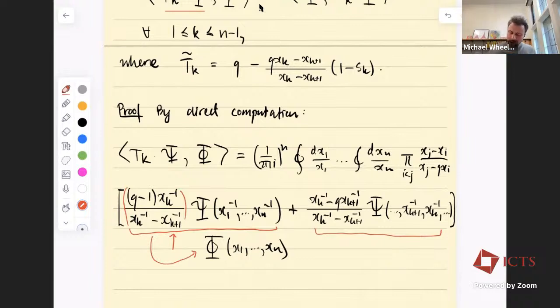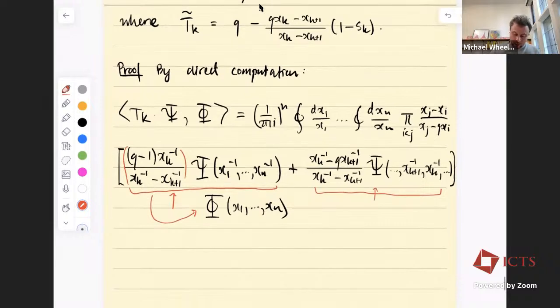For the second piece, you just relabel two of your integration variables, x_k and x_{k+1}. After you do that and collapse everything back, you find that the Hecke action has collapsed onto phi, which is what you need to prove.